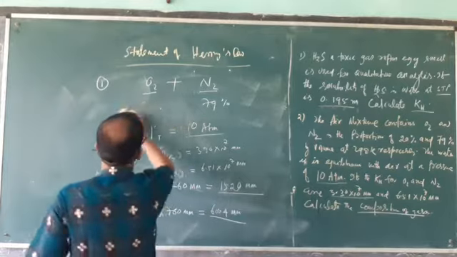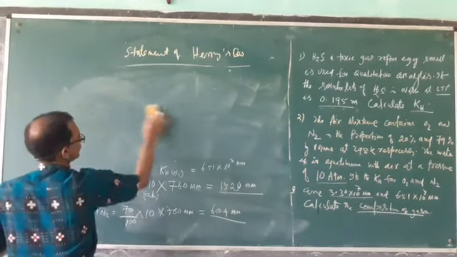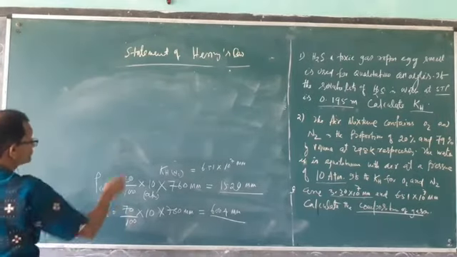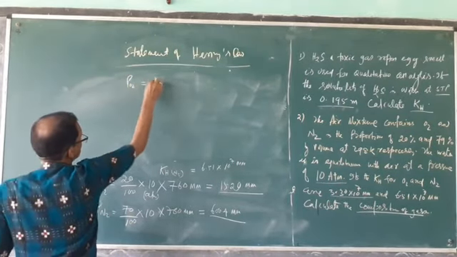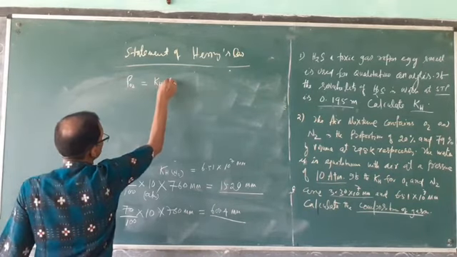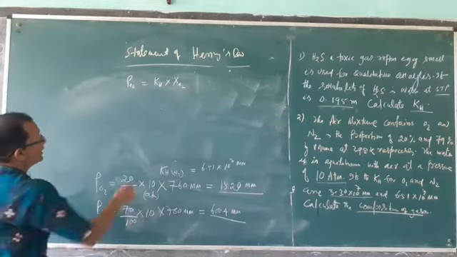Composition means mole fraction. Here we will calculate in this way. We know the formula: partial pressure of oxygen is equal to KH into mole fraction of oxygen, as per Henry's law.